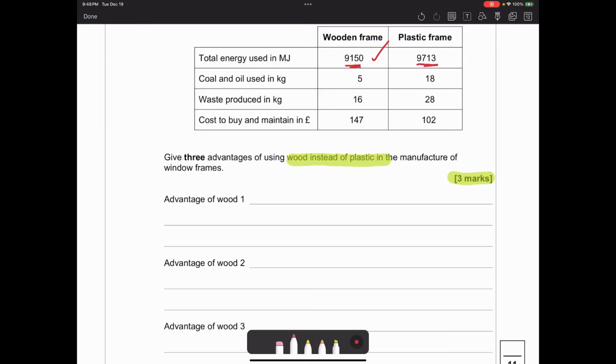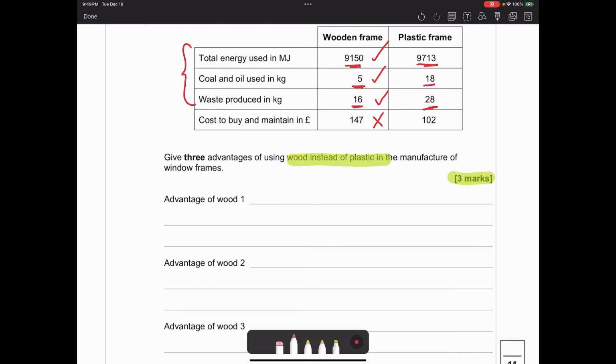Okay. Crude oil or coal and oil used in kilograms, I can see a wooden frame is using lower amounts than a plastic frame. So that is also good. The waste is also lower than a plastic frame, 16 to 28. However, the cost is actually more expensive. So therefore, I would have to stick with these top 3 here.